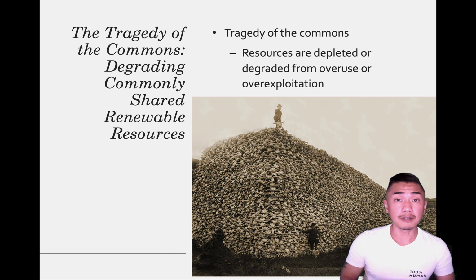This is a pile of buffalo skulls. Buffalo were a shared resource. Anyone could hunt them. But because there were no limits, no laws or rules on the number of buffalo you could hunt, they were hunted to the brink of extinction. So that resource was depleted or degraded over time.